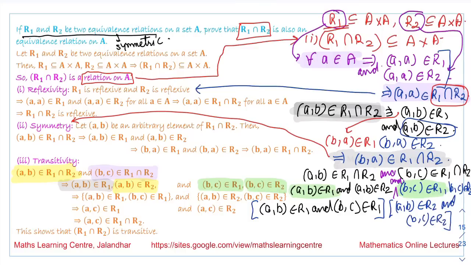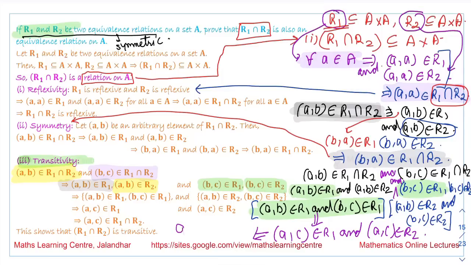These two conditions we have written separately. Now the given relations R1 and R2 are transitive. It means if (a, b) belongs to R1 and (b, c) belongs to R1, this implies (a, c) belongs to R1, and (a, c) belongs to R2. This implies that (a, c) belongs to R1 intersection R2.